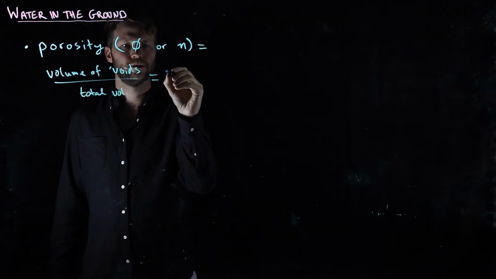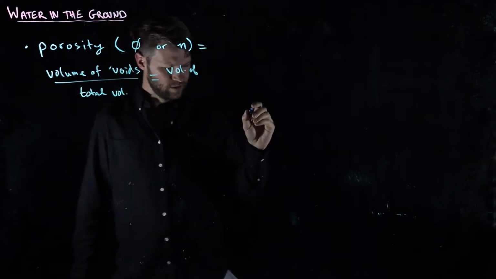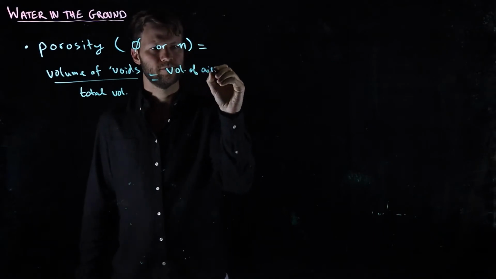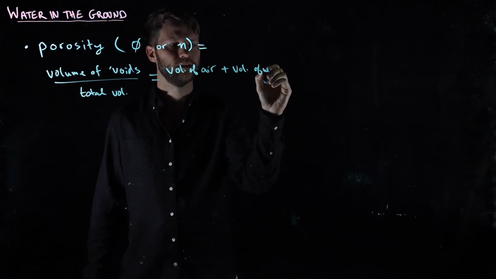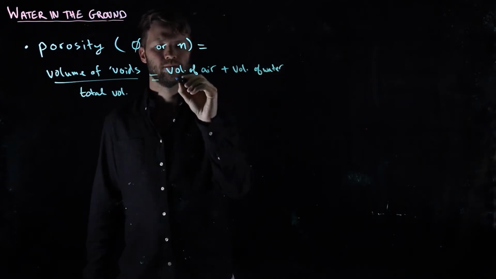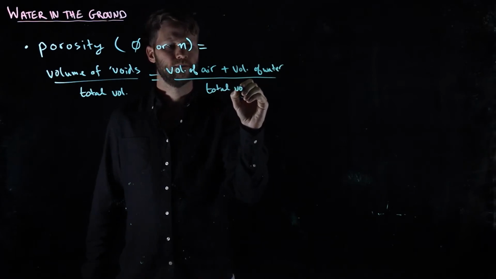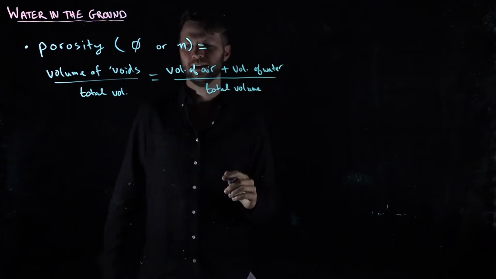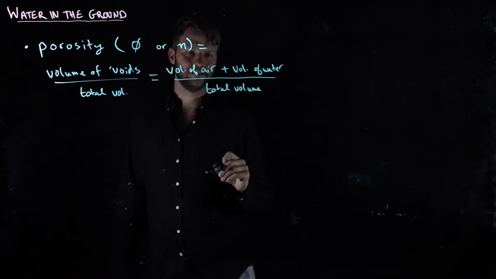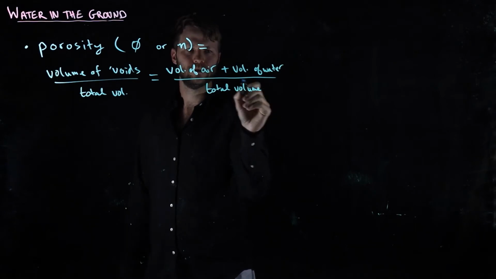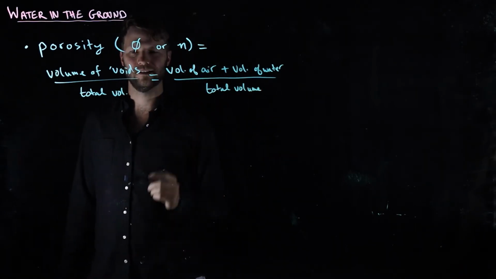This is equal to the sum of the volume of the air plus the volume of water in a sample over the total volume. So you can think of this as the ratio of the not-solid parts of a sample to the total volume of the sample. Because remember, air plus water plus solid is equal to the total.